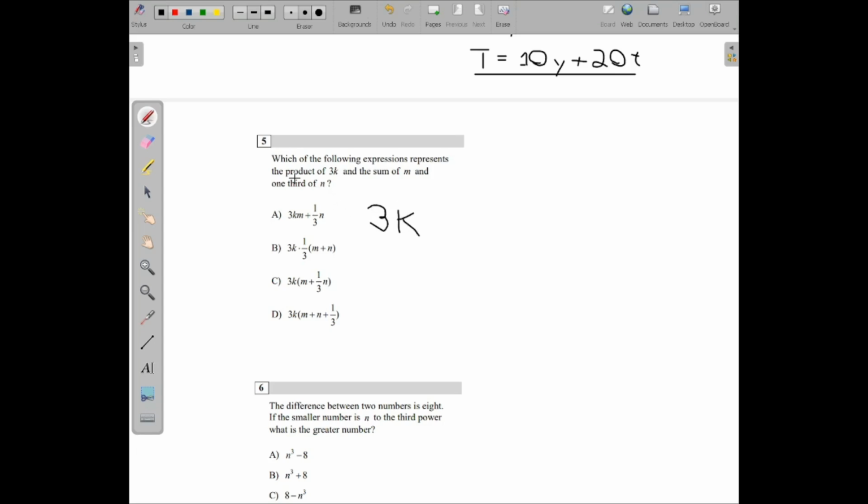The product means multiplication, so we have to multiply this by the sum, the product of 3k and the sum of m and 1/3 of n.